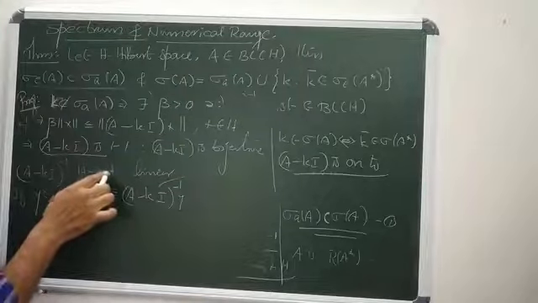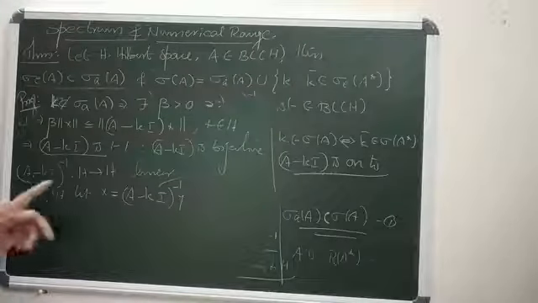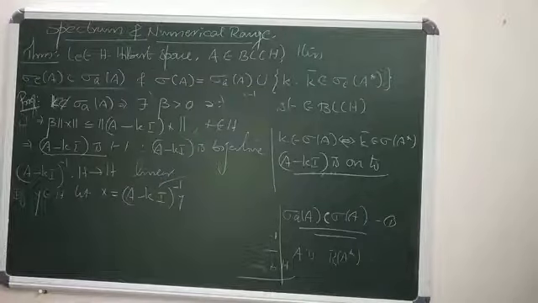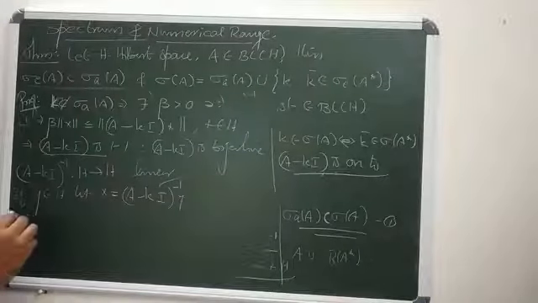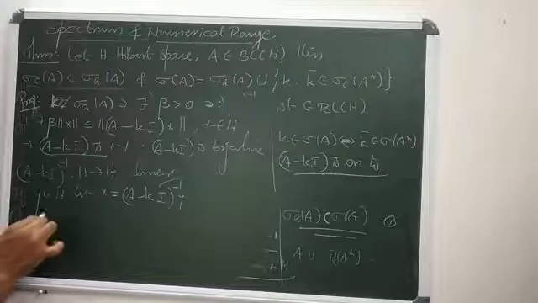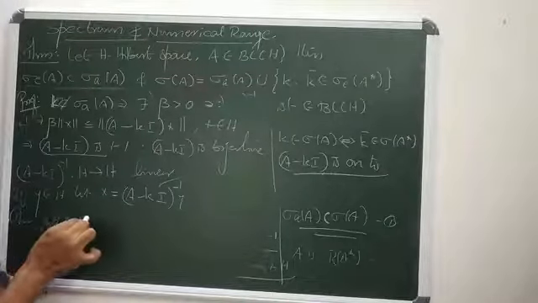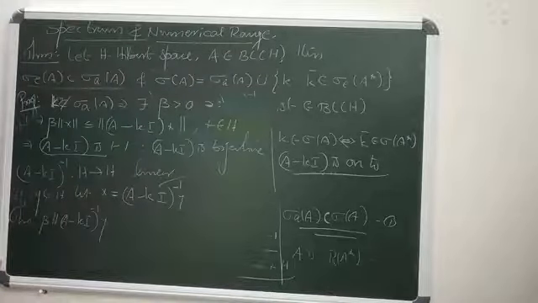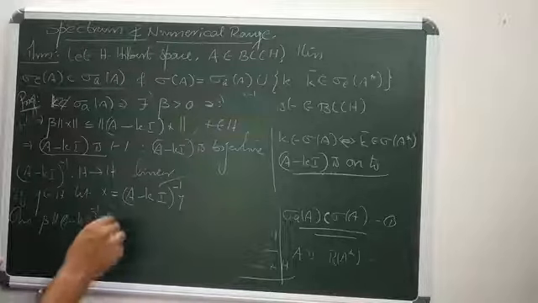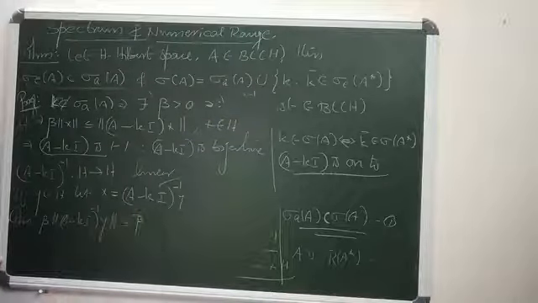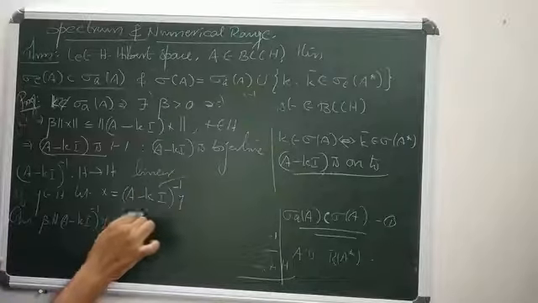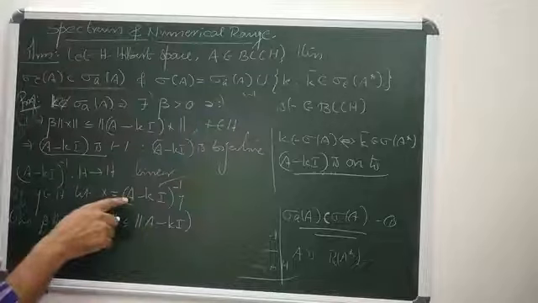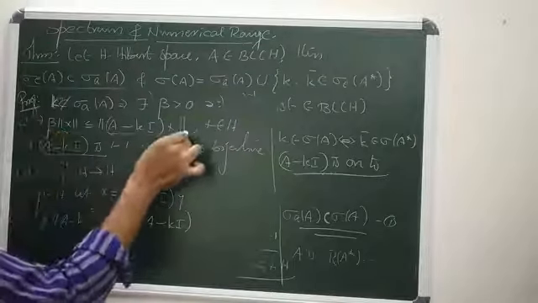Then (A minus K I) inverse of y equals x for some x in H. So beta into norm x, consider this one.